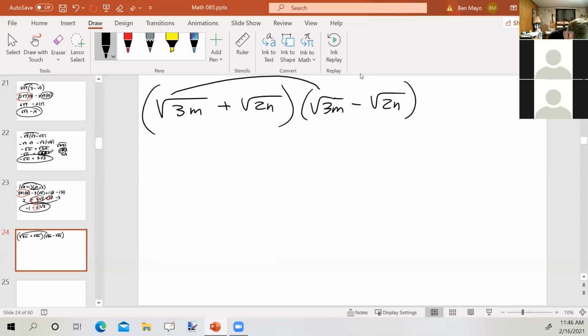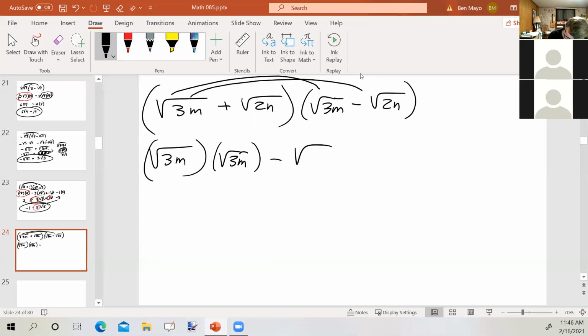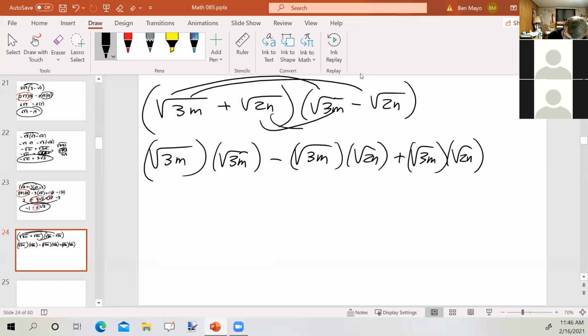So the square root of 3m times the square root of 3m, minus the square root of 3m times the square root of 2n, plus the square root of 3m times the square root of 2n, minus the square root of 2n times the square root of 2n.